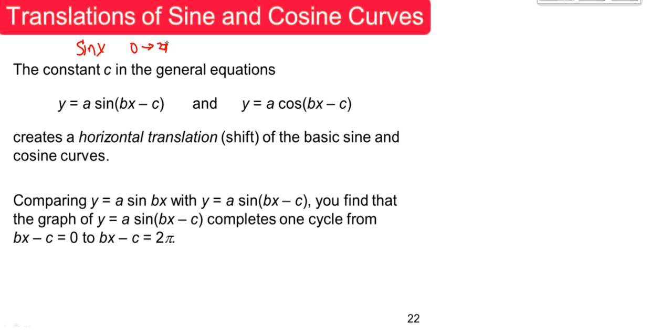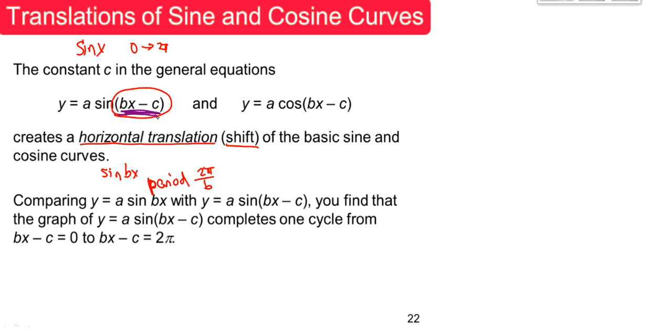And so this bx minus c is going to give us a horizontal translation or shift, left or right. And remember that the sine of bx has a period of 2 pi over b. So think about even finding zeros and things like that.